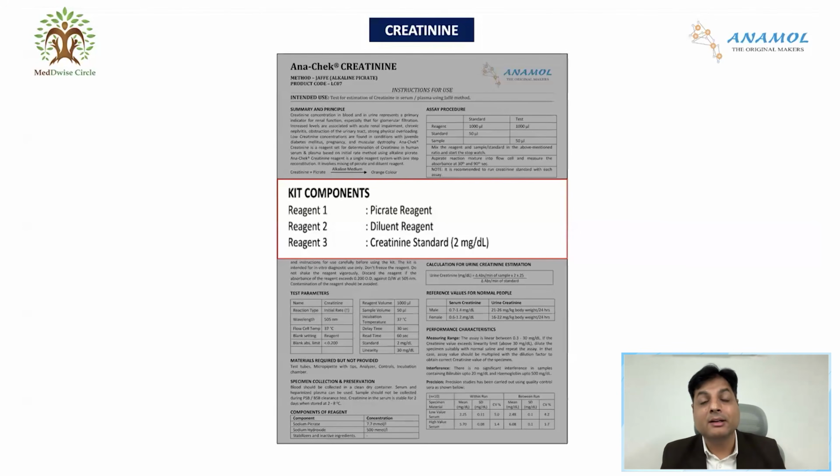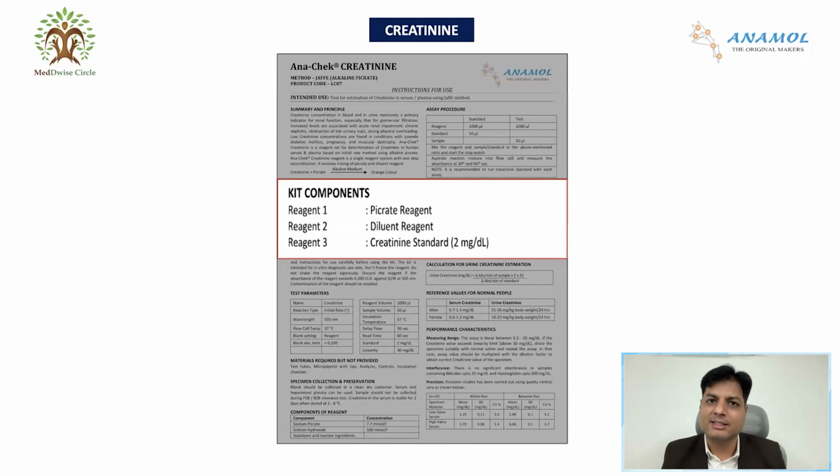We need to understand what these components are, how many different types of components there are. We need to understand what is written on the label of the component, and why this particular component is given inside the kit. If we do not understand this, we will not understand how to perform the test.